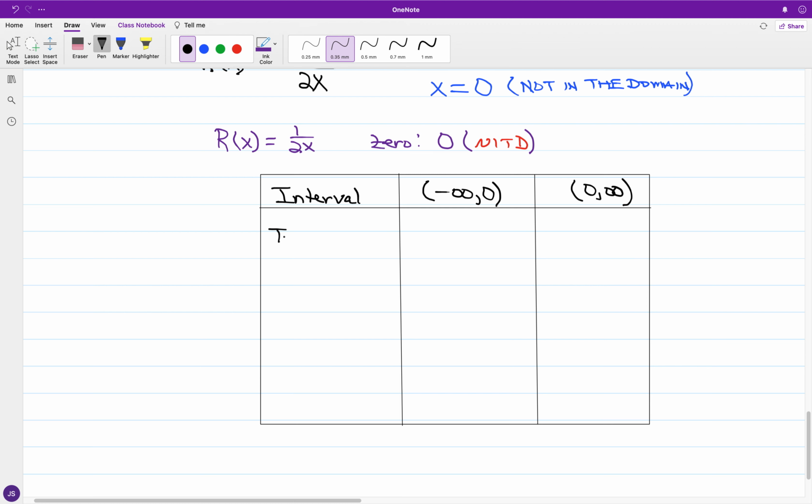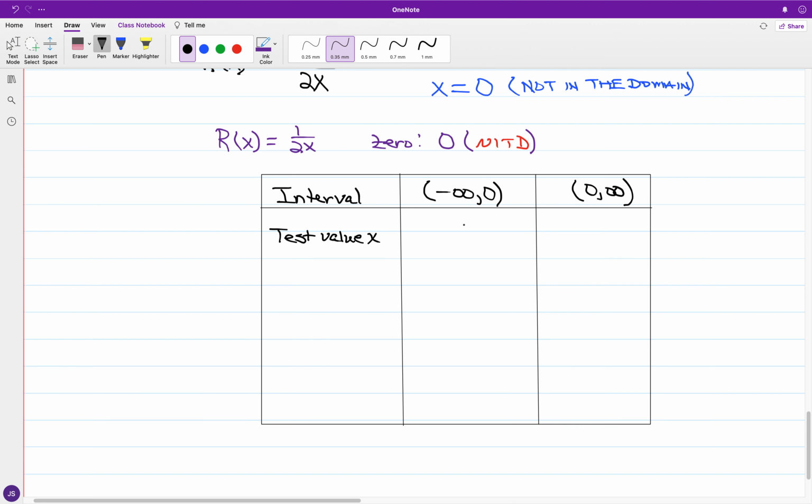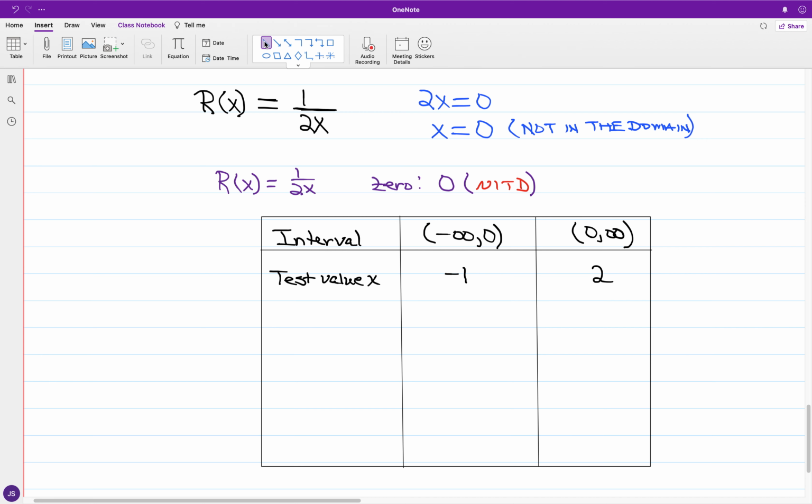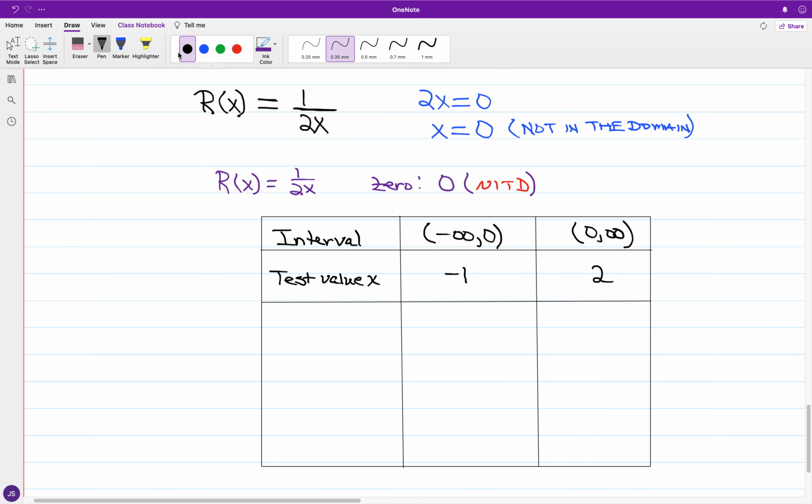Okay, and just for the test values. For the test value x, anything less than 0, we'll say we have -1, and then anything greater than 0 will be a positive value. We'll just go with the number 2. Again, we have r of x is equal to 1 over 2x.